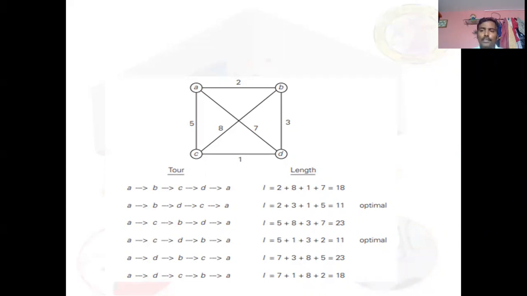So the graph traversal algorithm is also used to identify any node or vertex, any city, which is not reachable.